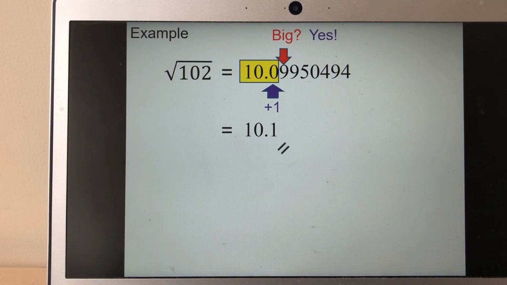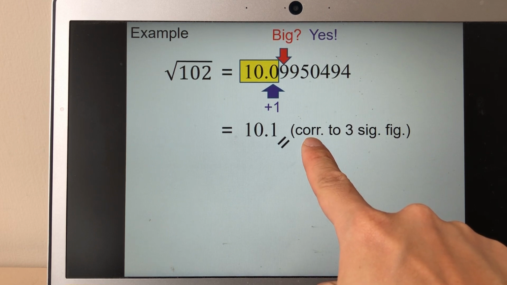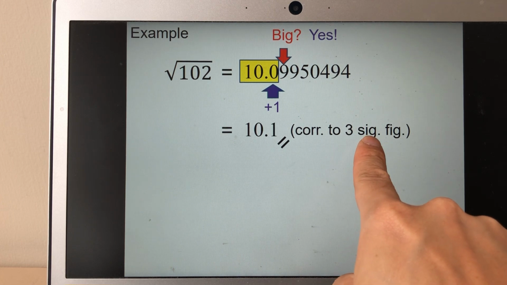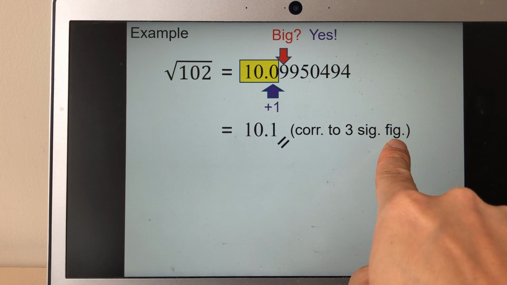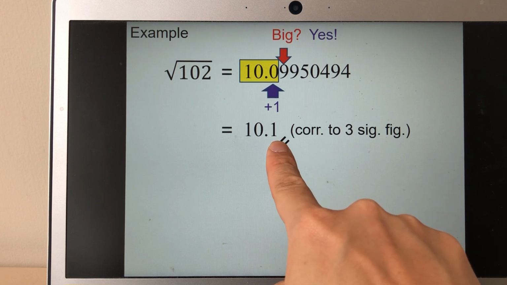And this answer is corr., which is the abbreviation of corrected. Corrected to 3 sig. fig. This is the abbreviation of significant, and this is the abbreviation of figures. So you have to write this down whenever you give an approximated value.